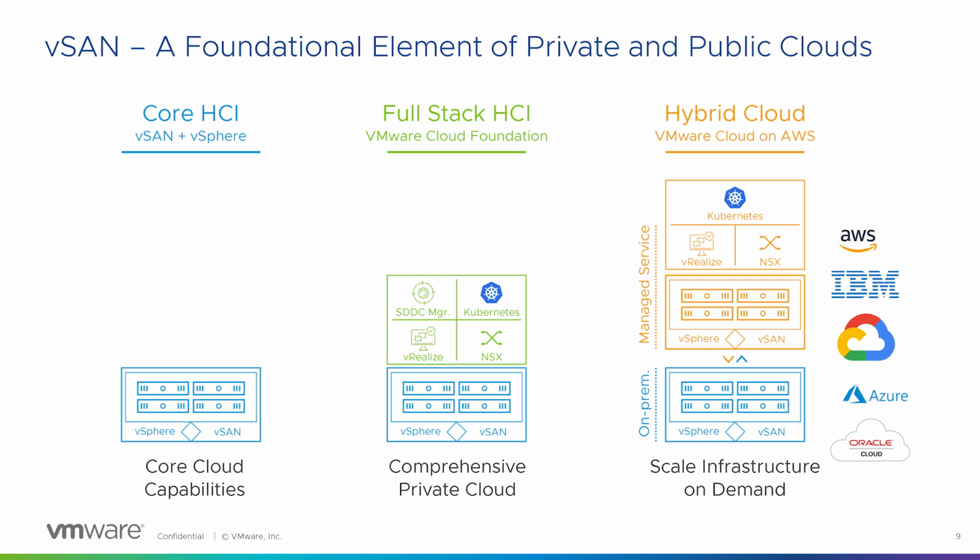Now, what does VMware do with vSAN? We really do a lot of things. We have our core cloud capabilities, what we call basic HCI. That's vSphere and vSAN together, running your VMs. We also package that into additional solutions with additional capabilities. Our full stack HCI is VMware Cloud Foundation. We add virtualized networking, we add automation, we add Kubernetes integrations.